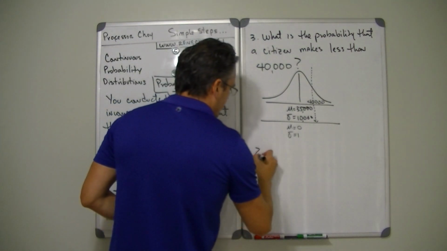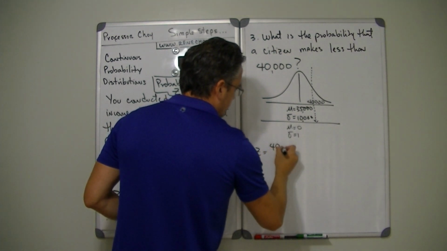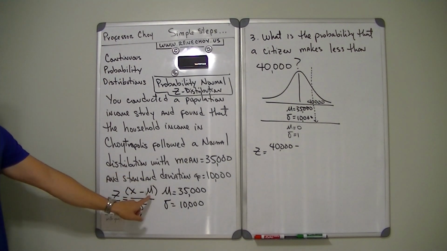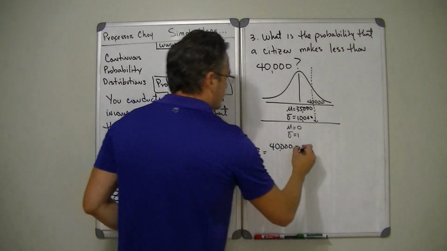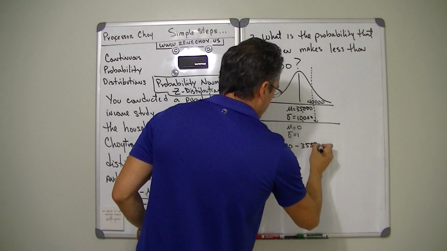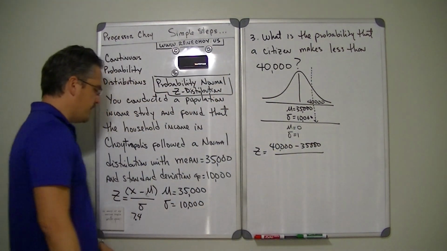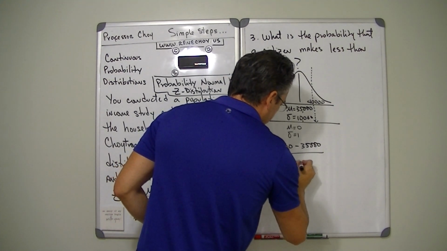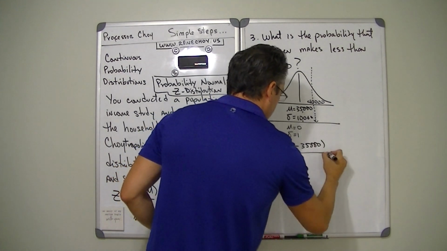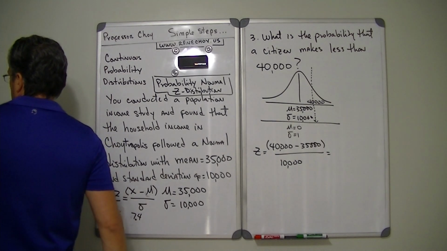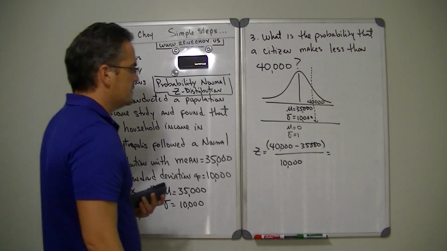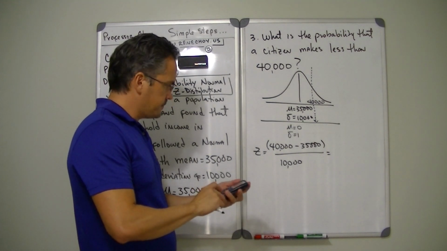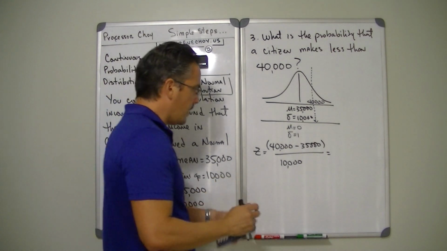So, z is equal to 40,000 minus mu 35,000 divided by sigma 10,000. Okay, so this is going to give us 0.5.